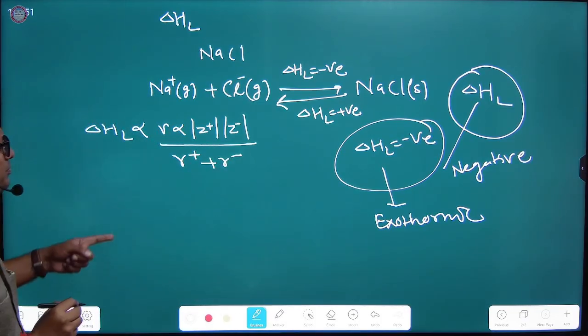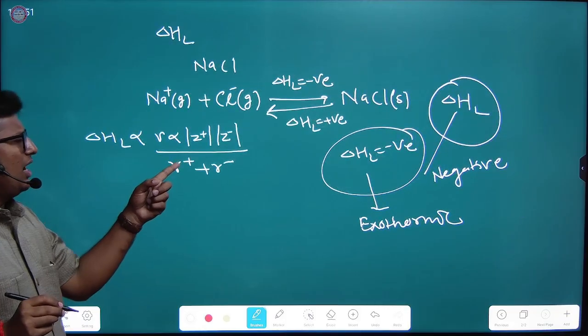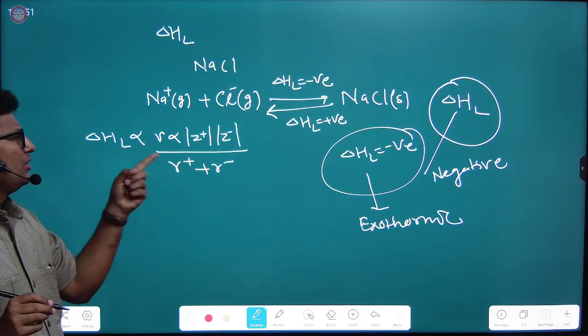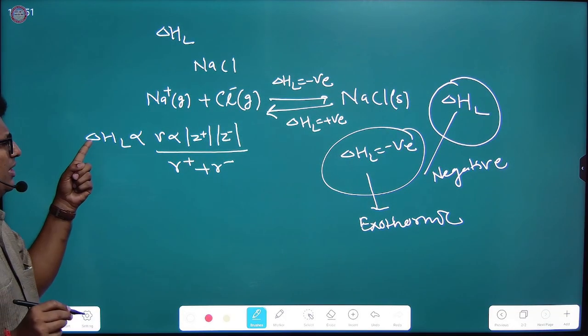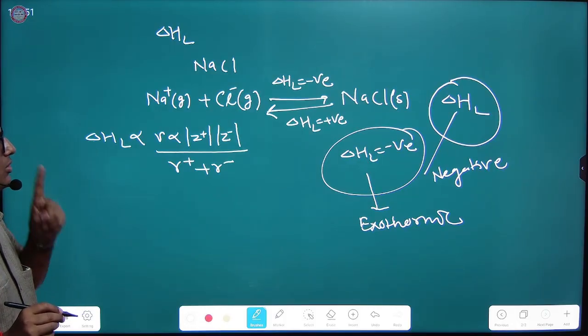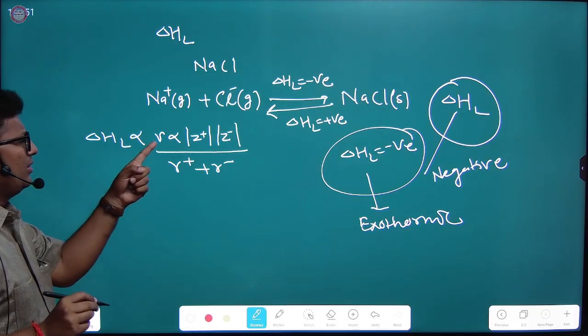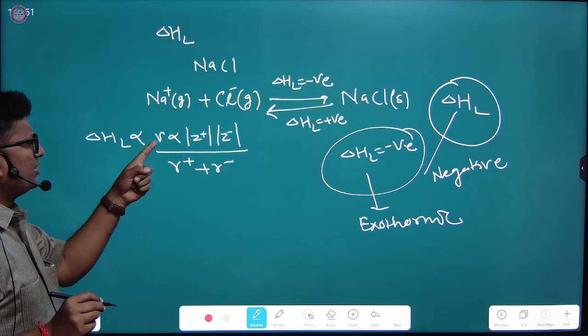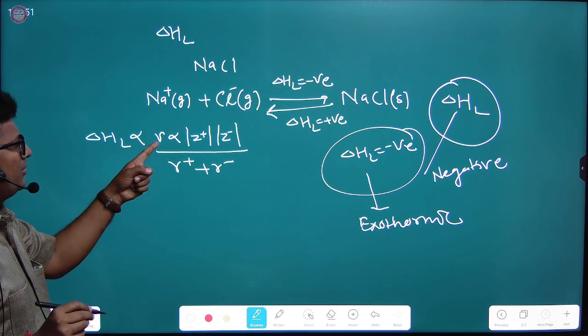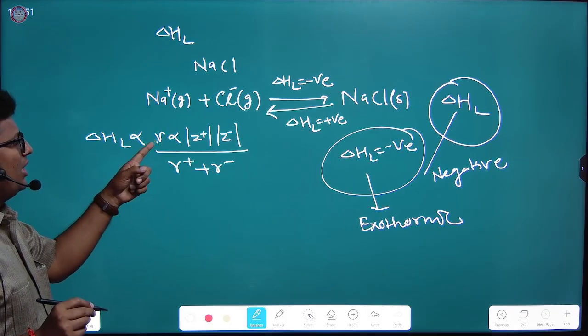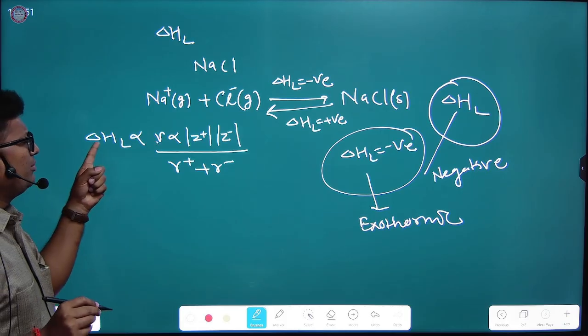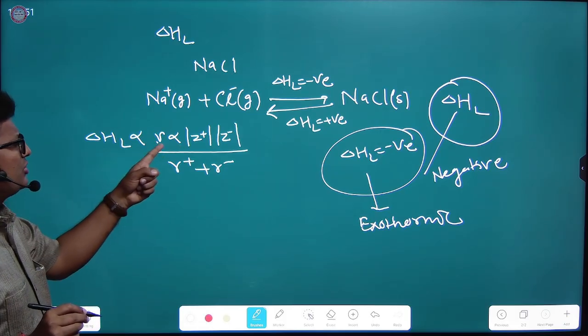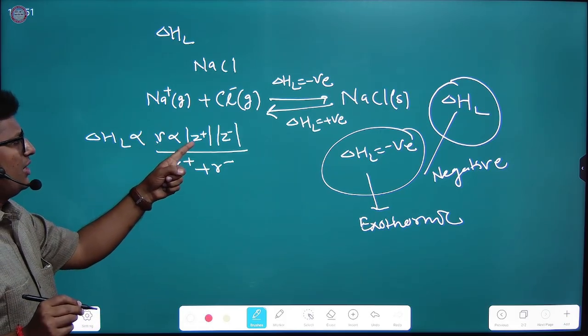It means the larger the interionic distance, the lower the lattice enthalpy of the ionic compound, and if the number of ions in a unit formula is high, then the lattice enthalpy will be high, and it is also directly proportional to the charges on the cation and anion.